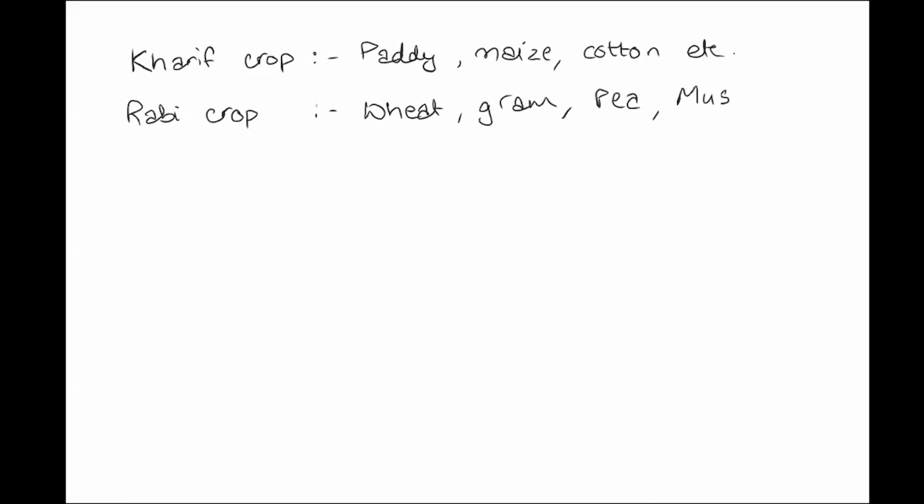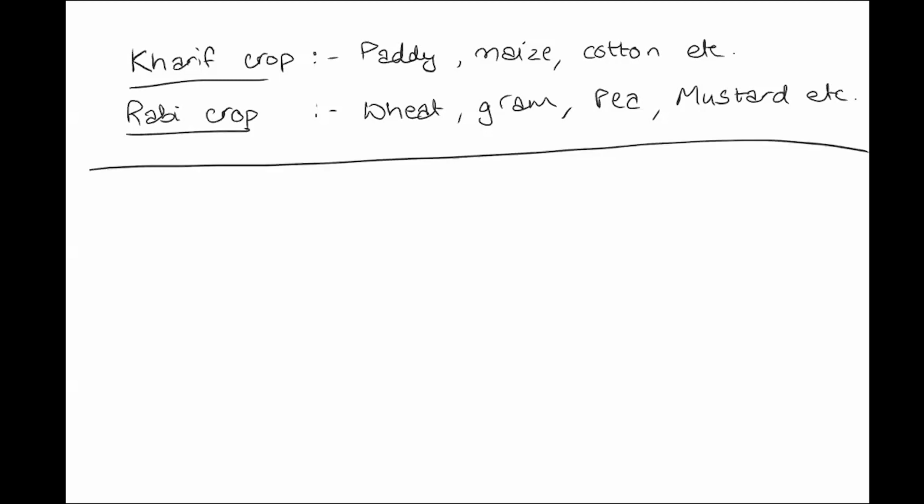Yeah, this much is enough. So you should remember at least three examples for both of them. So these are the examples of rabi and kharif crops. Okay, that's correct. So now let's move ahead.